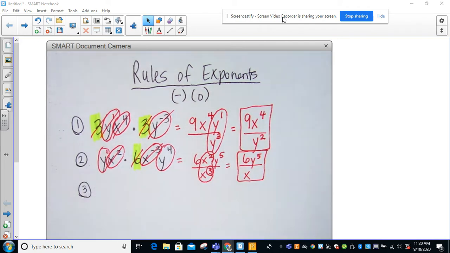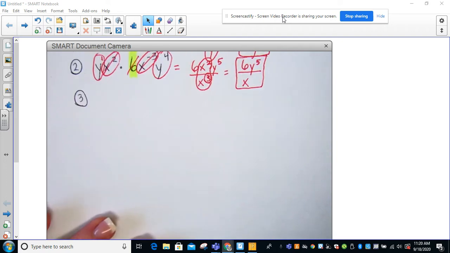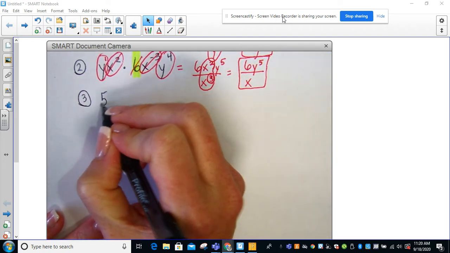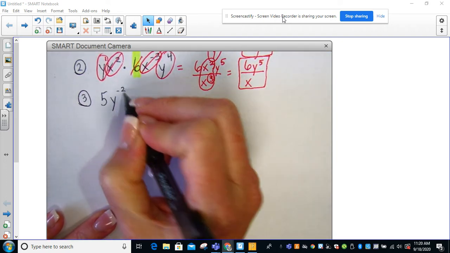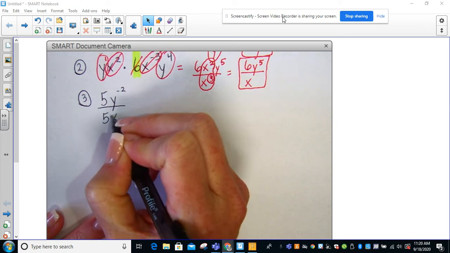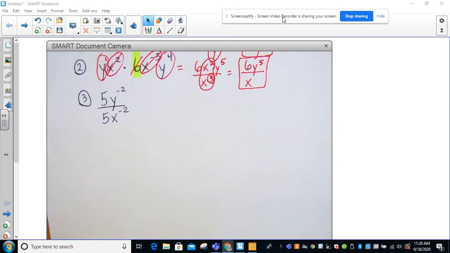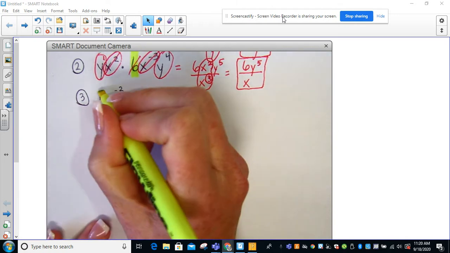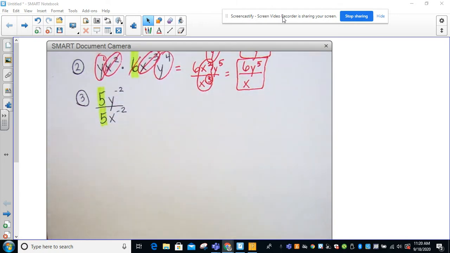Now we're going to try division. So we're going to have 5y to the negative second over 5x to the negative second. Again, let's focus on our coefficients first. Treat them like plain numbers. 5 over 5 reduces, cancels each other out.